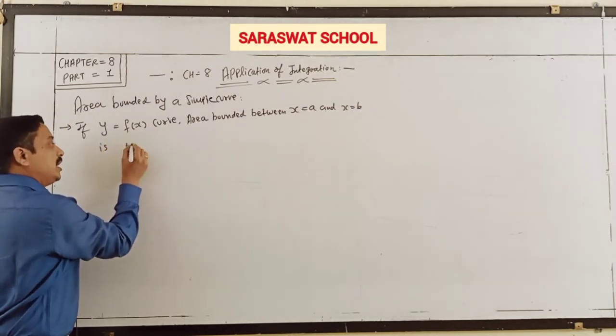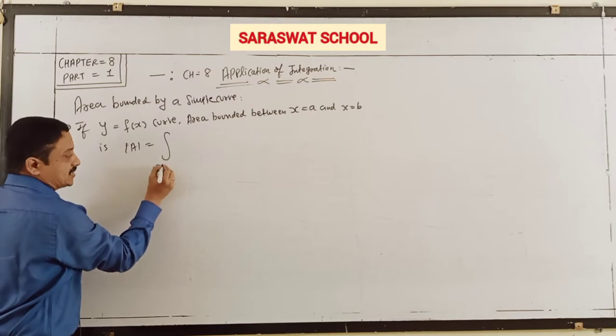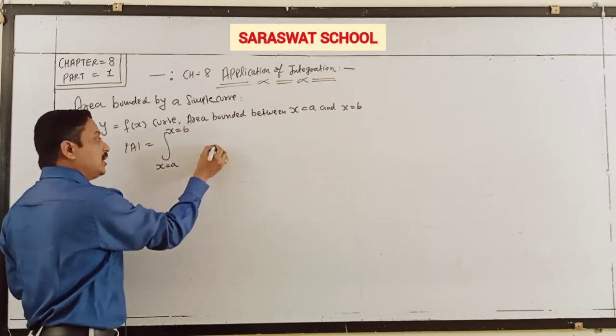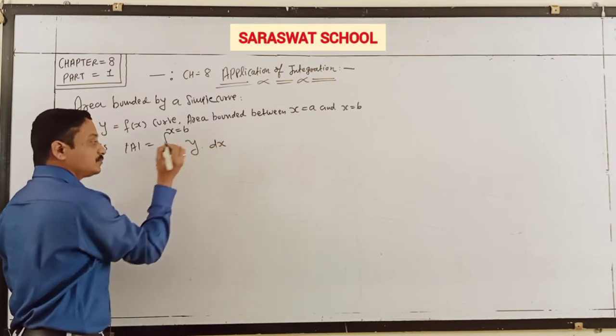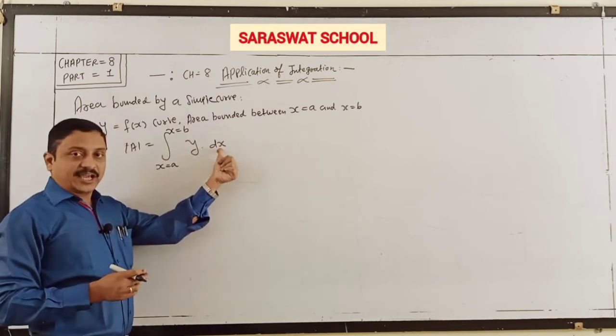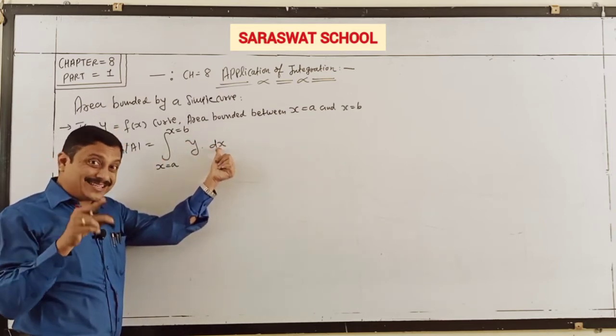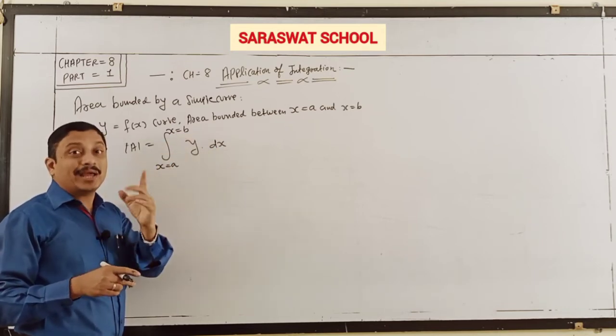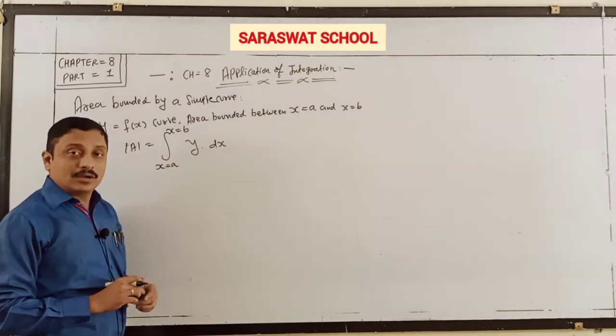Either you write the area as integral from x is equal to a to x is equal to b of y dx. Dx always indicates the x-axis, and this limit also always relates to the x-axis, and y is your curve.